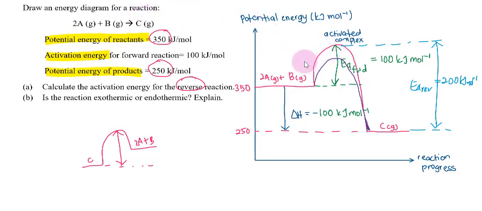Then label the activation energy for the reaction with catalyst. So here is the Ea with catalyst. As you can see, the Ea with catalyst has a much lower value compared to the one without catalyst, because a catalyst speeds up the reaction by providing an alternative pathway with lower activation energy.